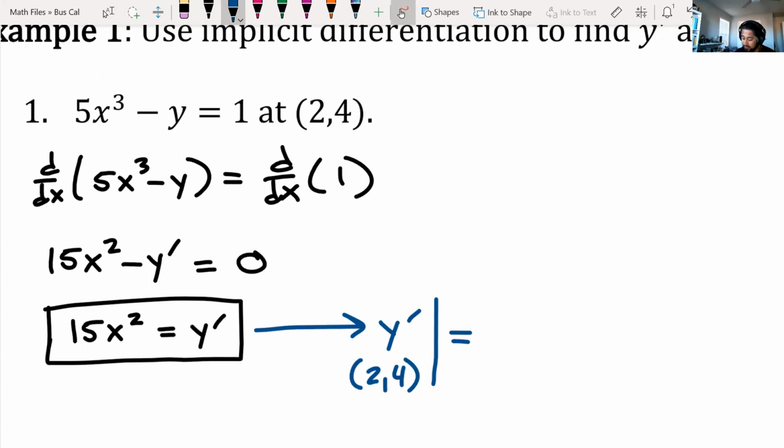And now remember, a point is given as x and y. Well, we see for our implicit derivative, we only have an x value. So that means we are only going to plug in for that x value. So this means you'll get 15 times 2 squared, which gives me 15 times 4, which gives me 60.